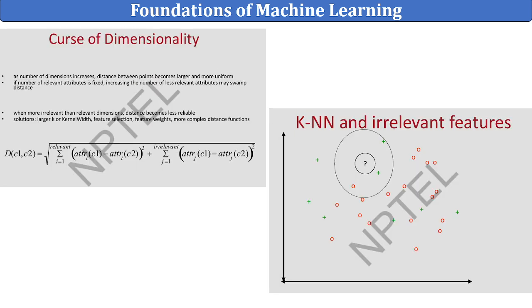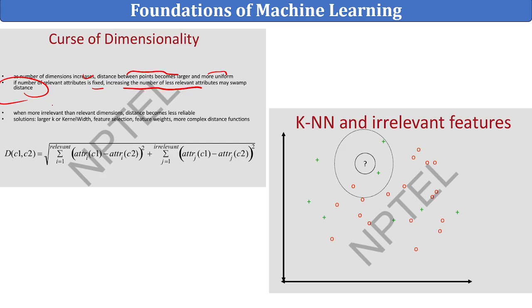Okay. Then we have the curse of dimensionality. If the number of dimensions is large, what will happen? As the number of dimensions increases, the distance between points becomes larger and more uniform, and if the number of relevant attributes is fixed, increasing the number of less relevant attributes may swamp the distance. So complexity is going to increase.